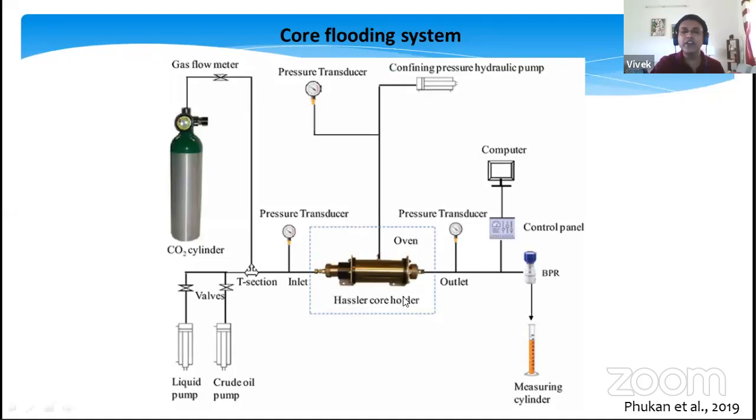So we pack that core inside this core holder, and we pump in the crude oil just to simulate how the recovery process would look. Once it is saturated, we do the primary and secondary recovery operation. So it's a kind of simulation procedure.